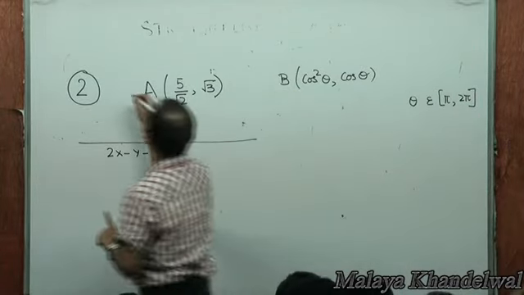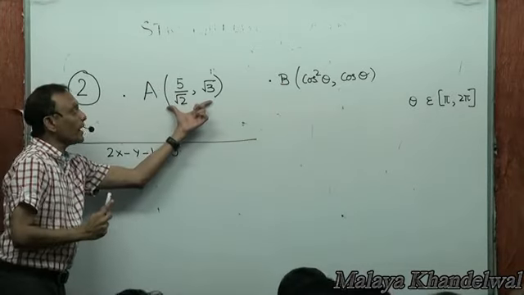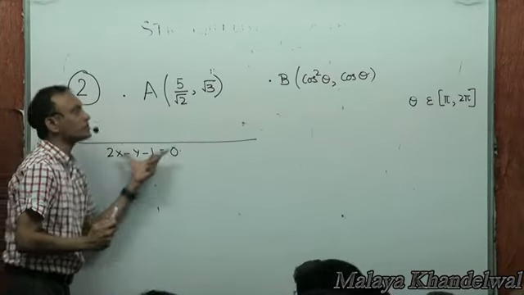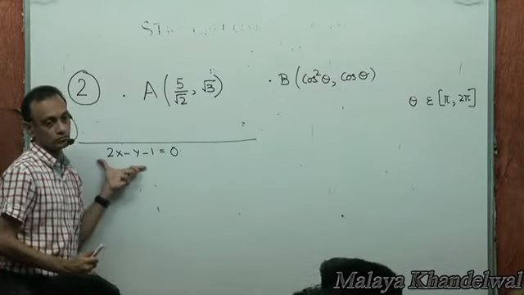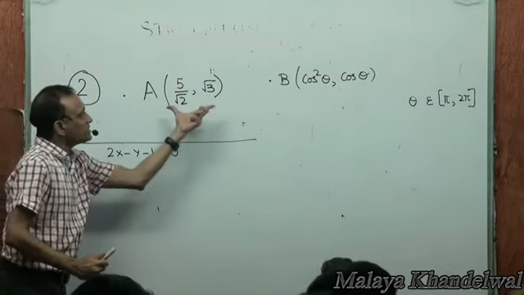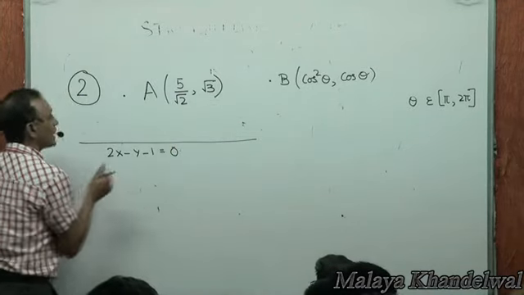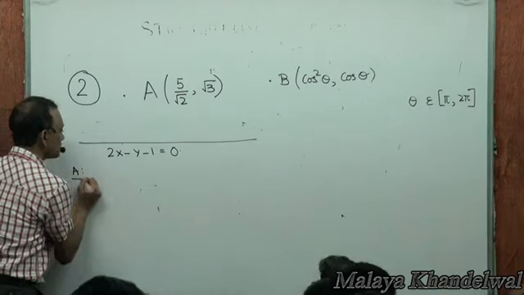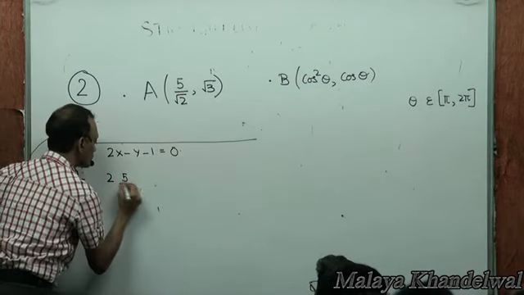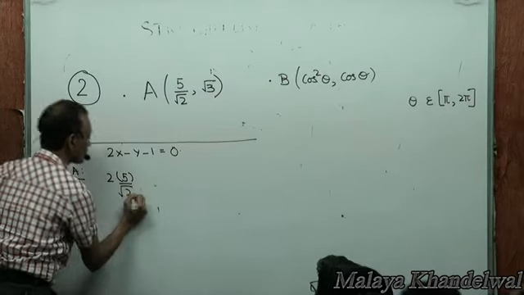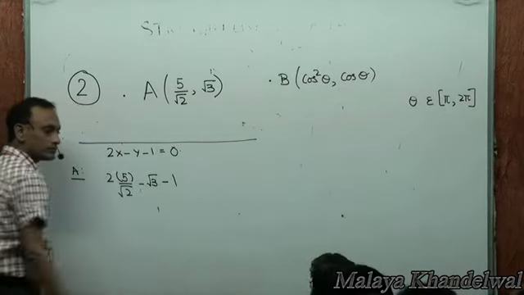Right? Now if A and B lie on the same side of this line, that means the sign imparted by the coordinates of A to this expression must be the same as the sign imparted by the coordinates of B. Let me find out the sign imparted by A. It is going to be 2 into 5 by root 2, minus root 3, minus 1.